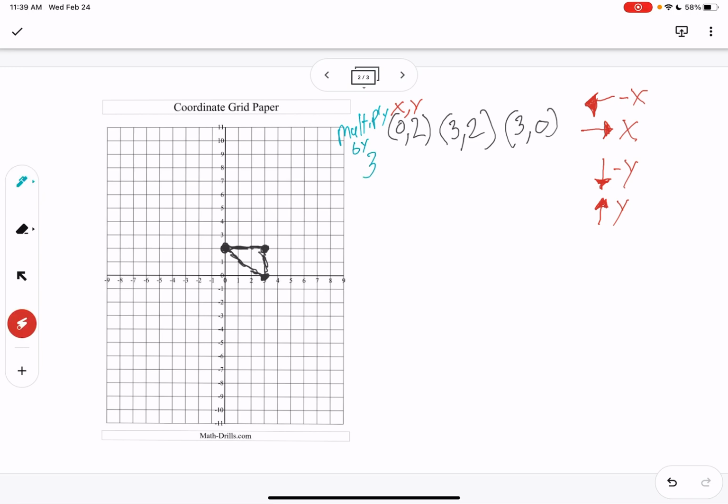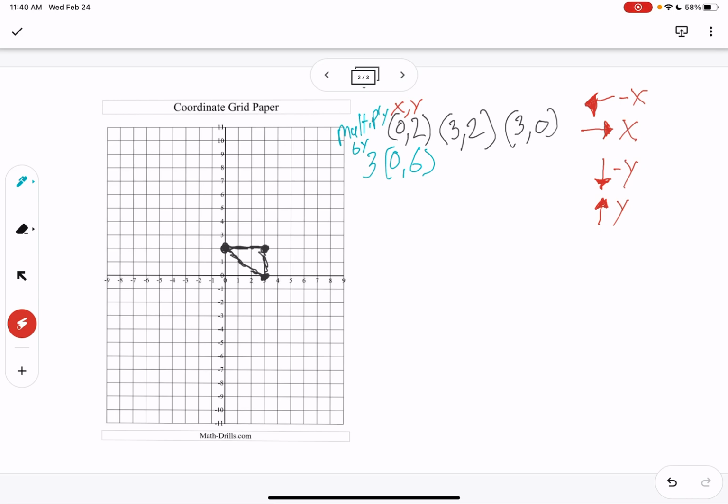So I'm going to start here. What's 3 times 0? It's 0. What's 3 times 2? It's 6. You see what I did there? All I did is take 3 times 0 is 0, and I wrote that there. 3 times 2 is 6, and I wrote that there. You might want to get your calculators to make sure you do it right.